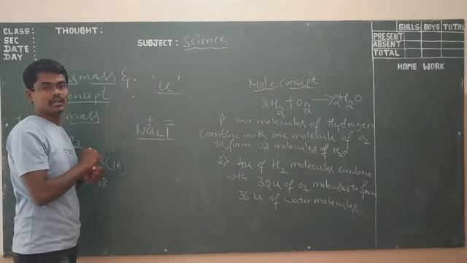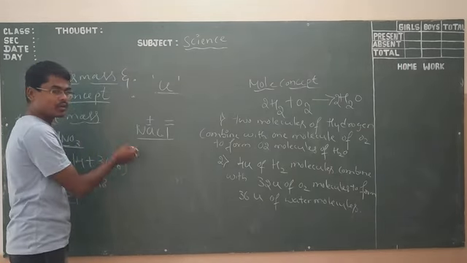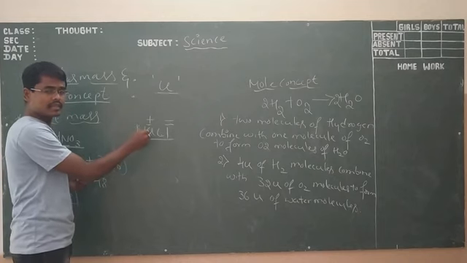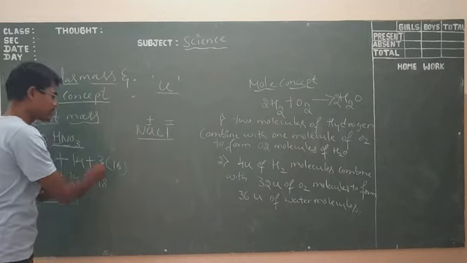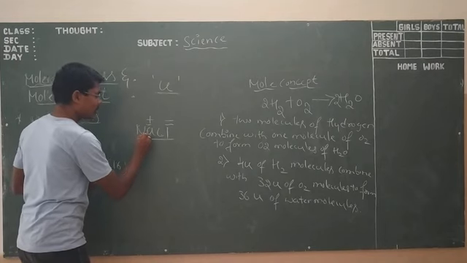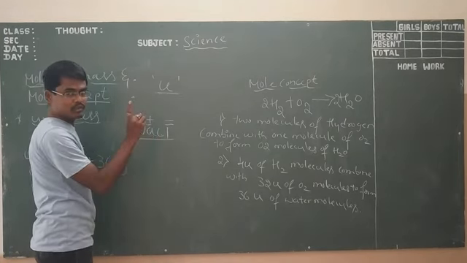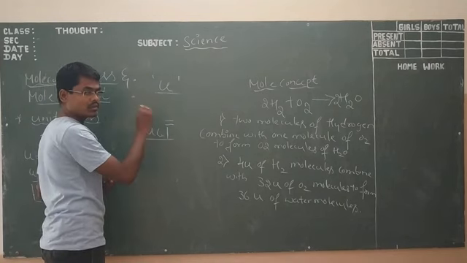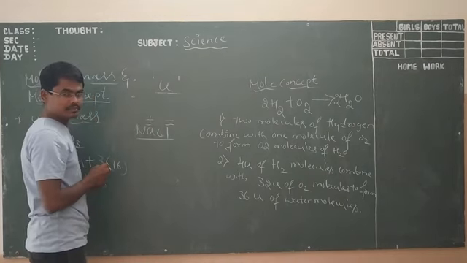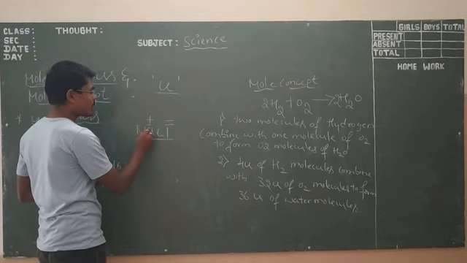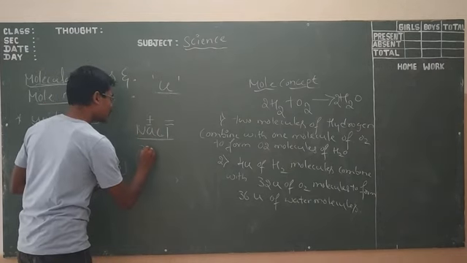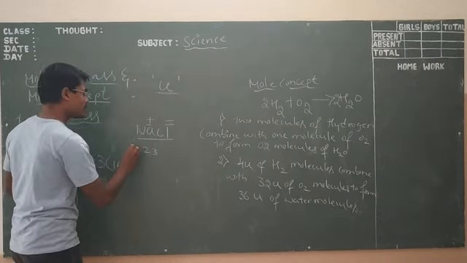Now I will write how many atoms are present here. Sodium, only one. Chlorine, only one. And we know that the atomic mass of sodium is 23 and only one atom is there.